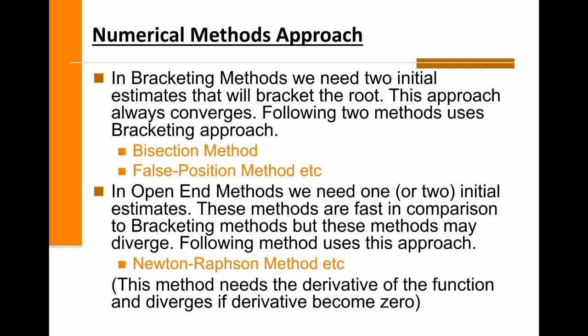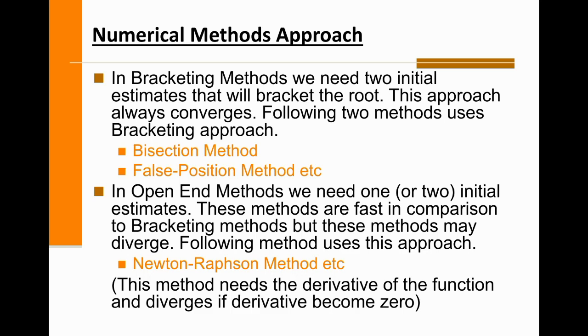In the bracketing approach, we take a bracket, you can say an interval, in which our root lies, right? These two methods, namely the bisection method and the false position method, both follow the bracketing technique.